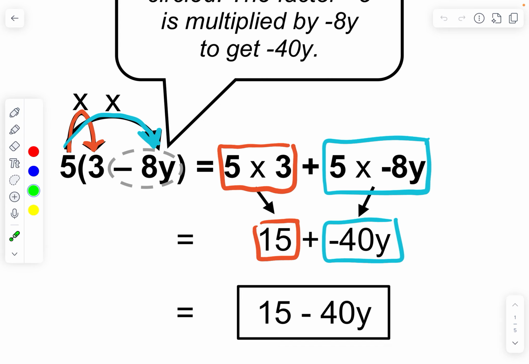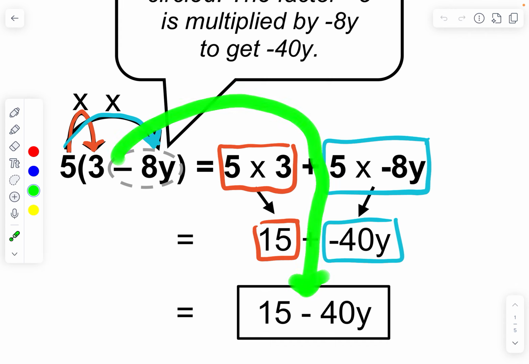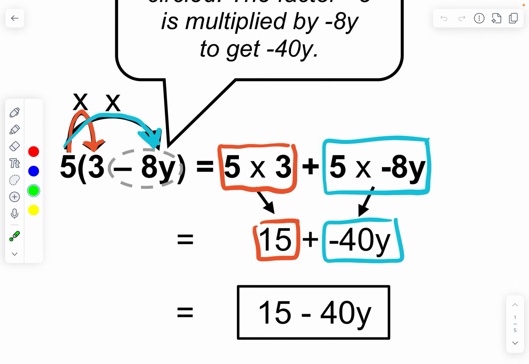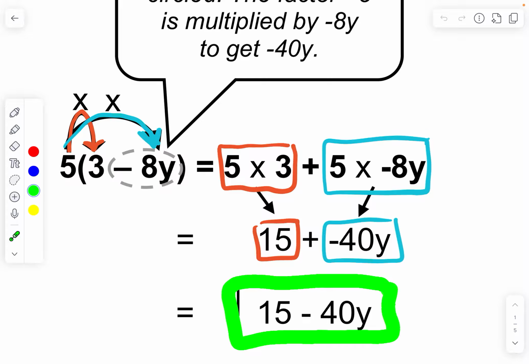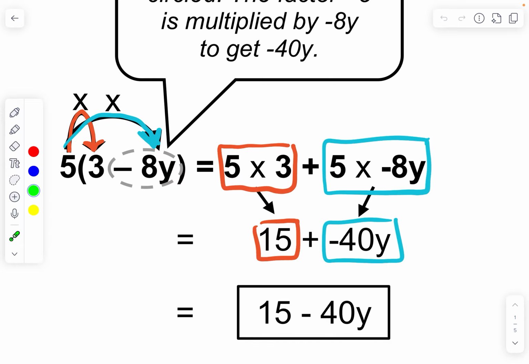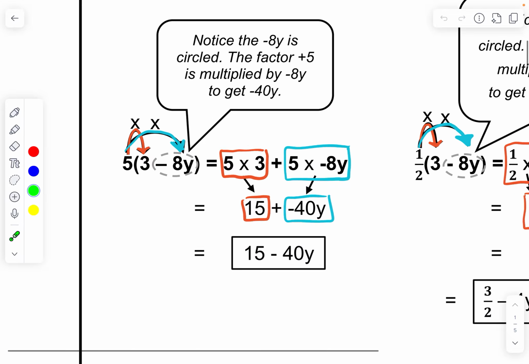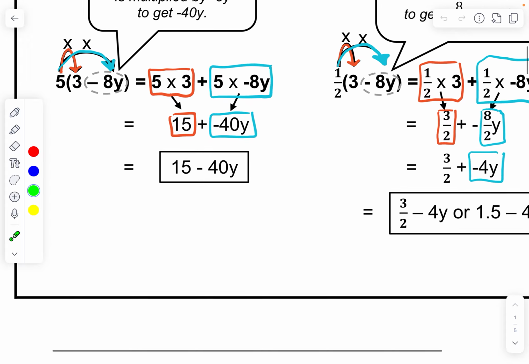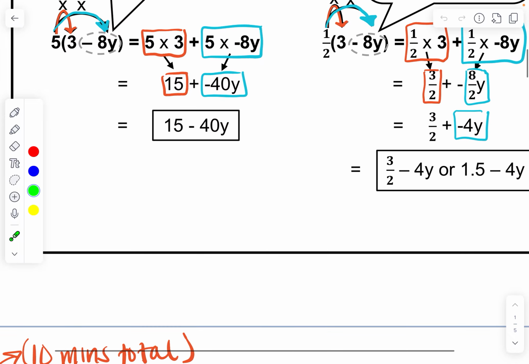We do want to definitely carry that subtraction sign over. And so we get, all right.